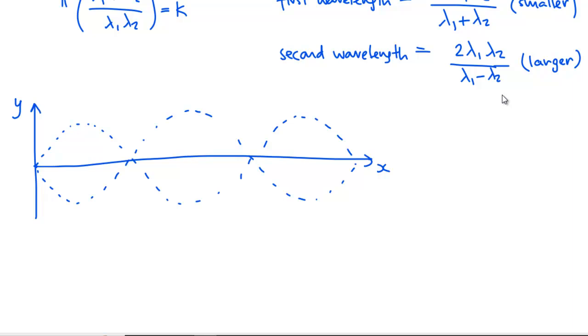And then the second cos function, which has got the shorter wavelength, is going to be modulated by that envelope. So you're going to get a cos function, but with a variable amplitude going on.